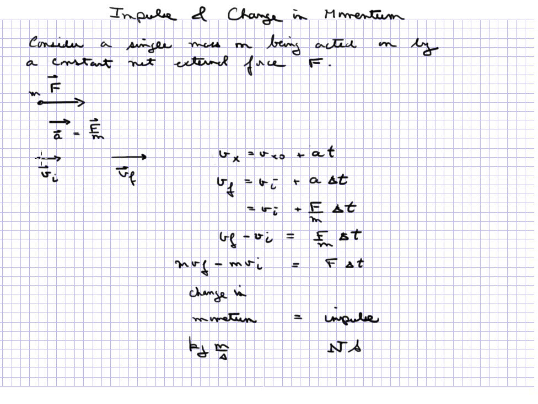Let's say at the beginning of some time interval, little m has a velocity v sub i, standing for initial. For simplicity, I'm assuming that points in the x direction, and let's say it has a velocity v sub f, final velocity, which again I'm assuming also points in the x direction.